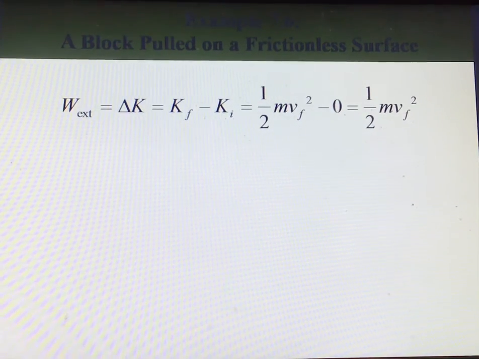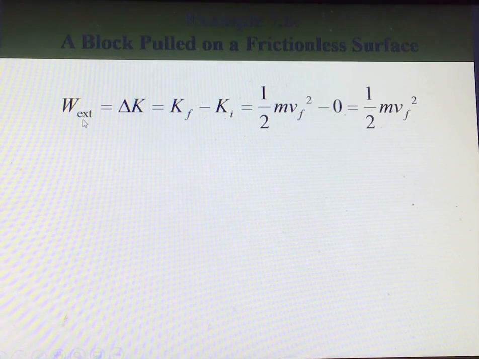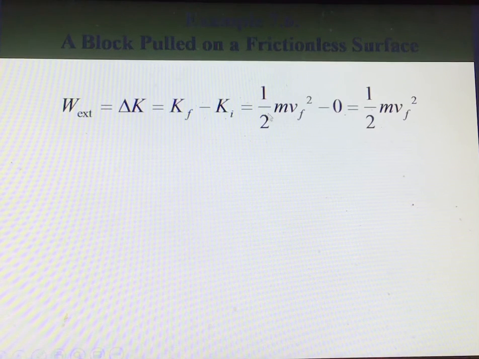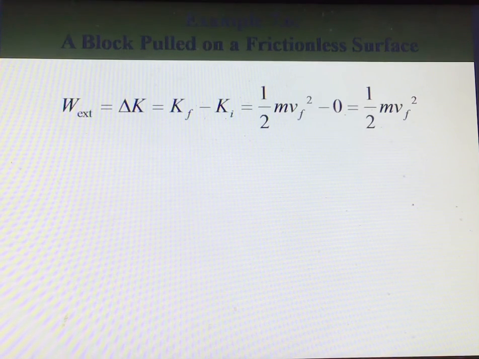All right. So if I use the equations that we've just derived, I can say that the work is the change in the kinetic energy, which is kinetic energy final minus kinetic energy initial. The kinetic energy final is just 1/2 times the mass times v final square. The kinetic energy initial is 0 because we are told in the problem that the block starts from rest. So at t equals 0, the initial velocity is just equal to 0.